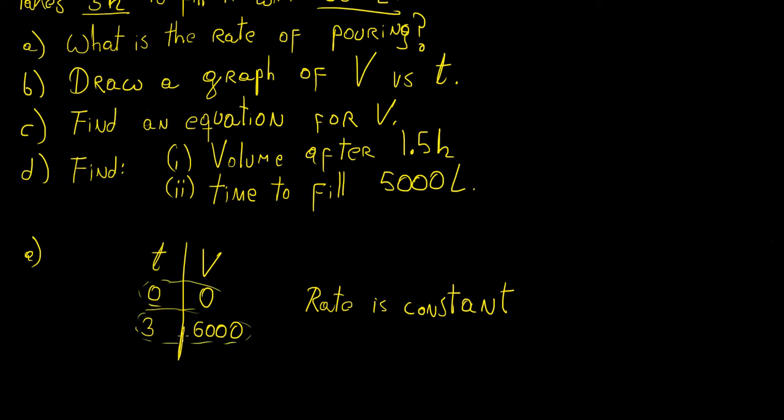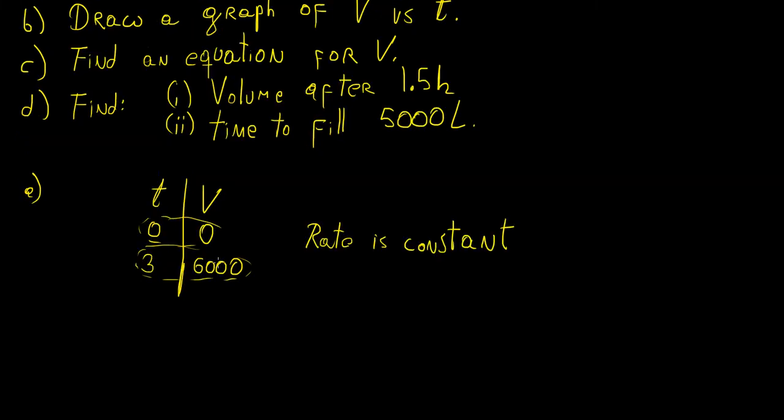Then by simply doing what we have done before to calculate the gradient, we can find the rate. So let's call the rate r. Because we want volume in terms of time, we're going to assume that volume goes on the vertical axis.